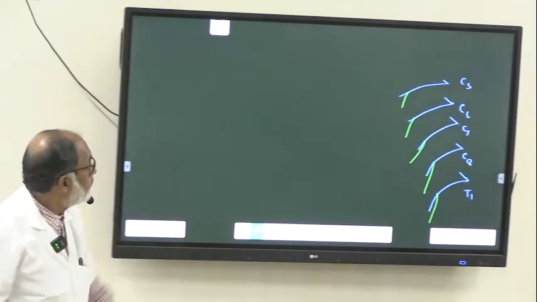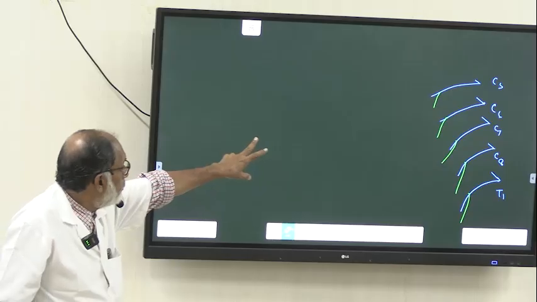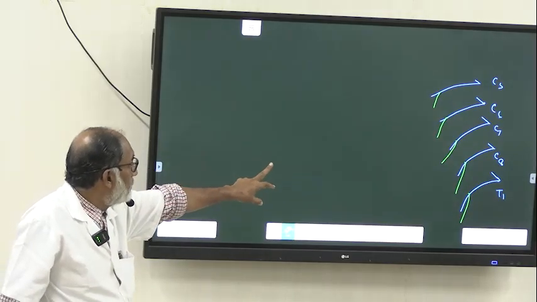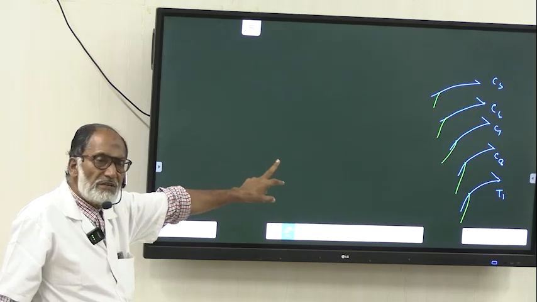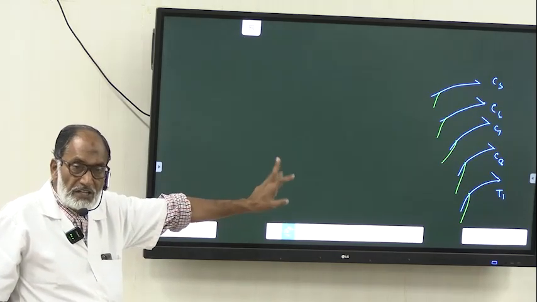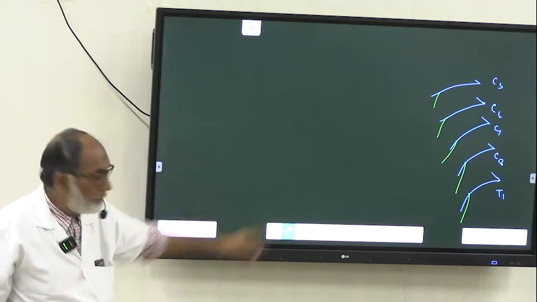Now the C5 and C6, their anterior division will join.